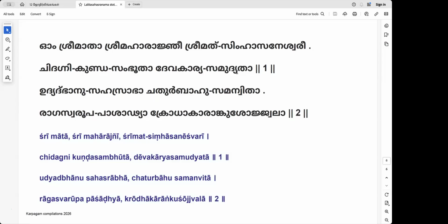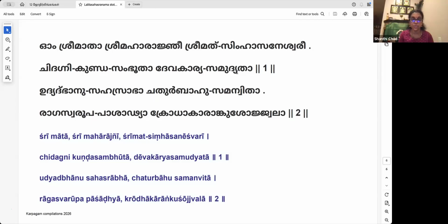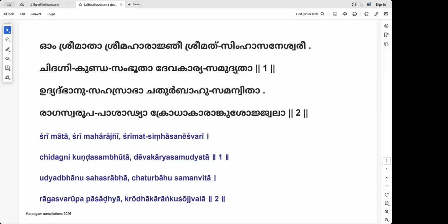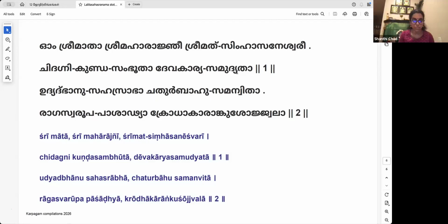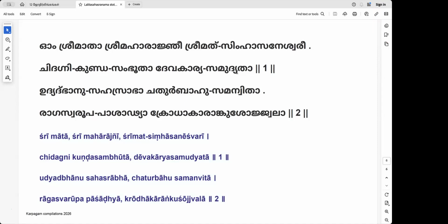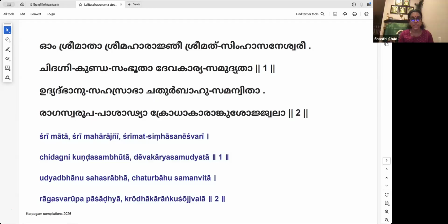Chidagnikunda Sambhuta Devakarya Samudhyata. I'm sorry, next time I'll bring a good Malayalam script. I've not used Malayalam script, so I'll validate it against a Sanskrit one, okay?